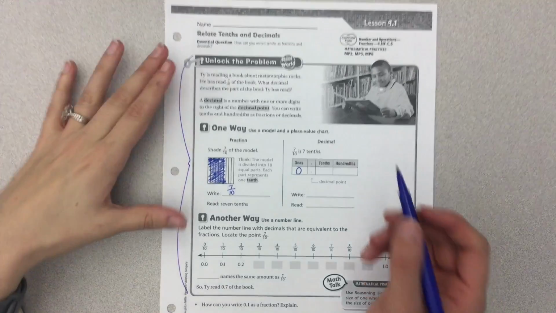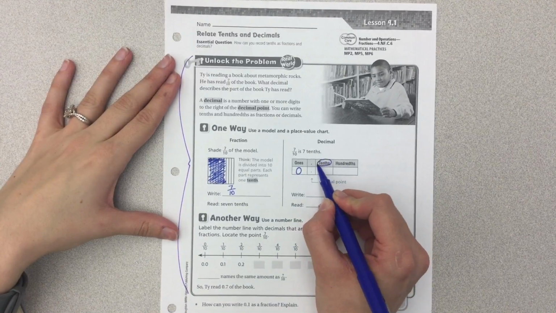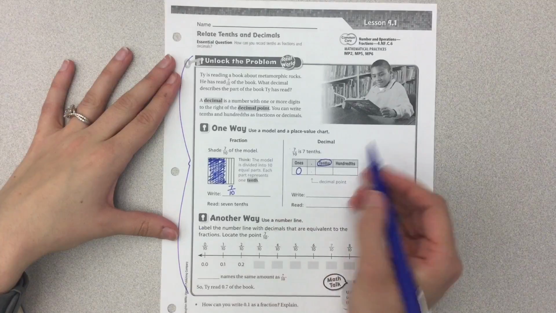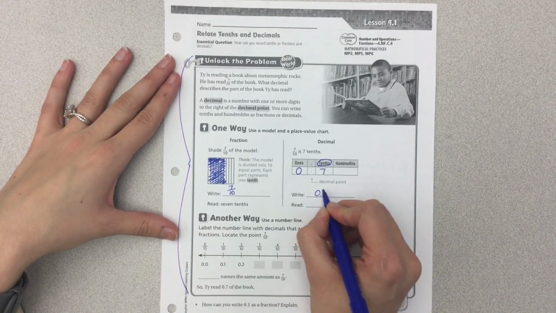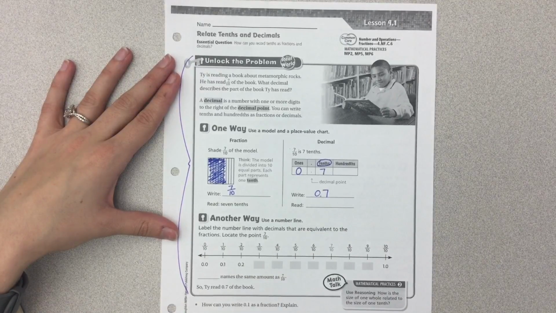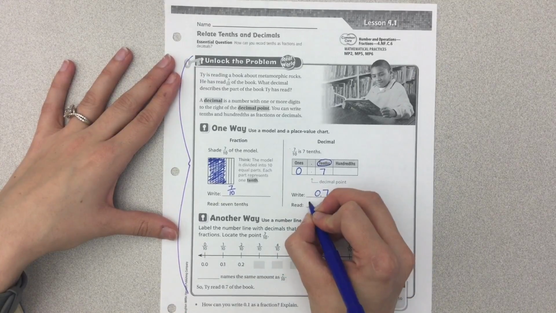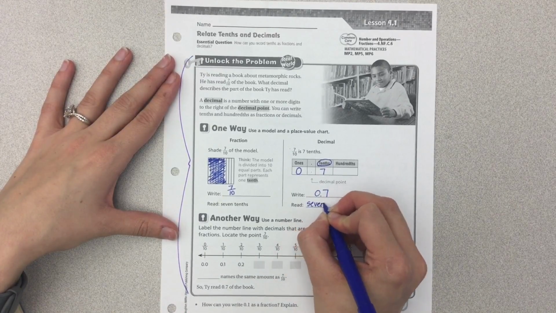We have tenths, so we're only focusing on this first box, and we have 7/10. So it would be 0.7. If we read it and write it out in words, we would write 7/10.